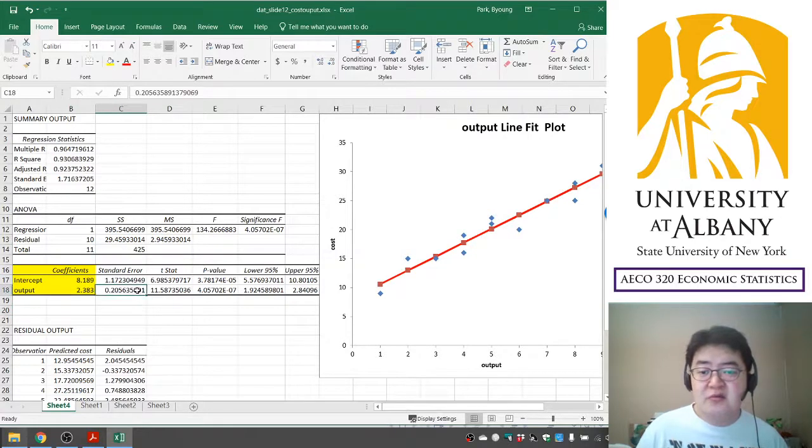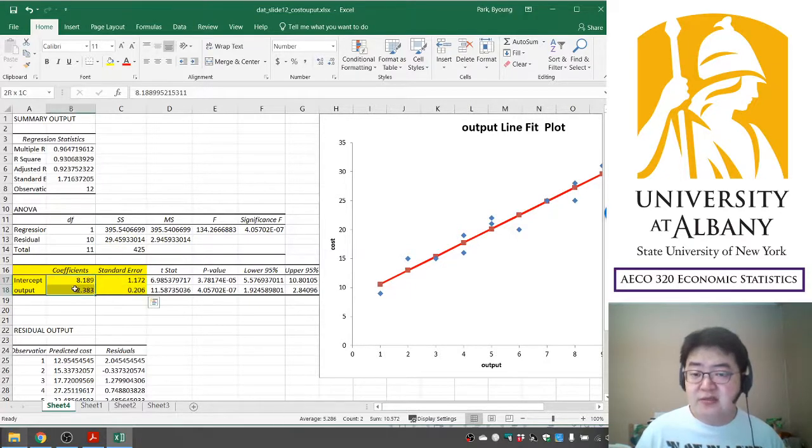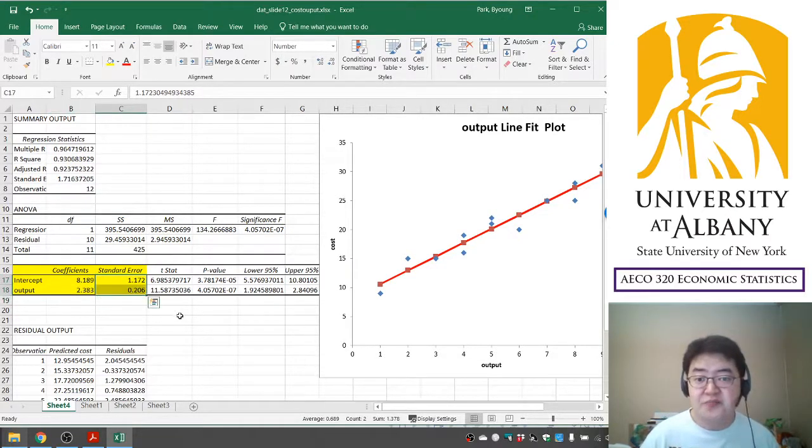And there is a familiar column, standard error. Now I guess you understand what they are. They are standard error of these estimators. Remember, standard error is the standard deviation of the estimator. So exactly the same definition applies here. And t statistics and p-value, I'm going to explain what they are for.